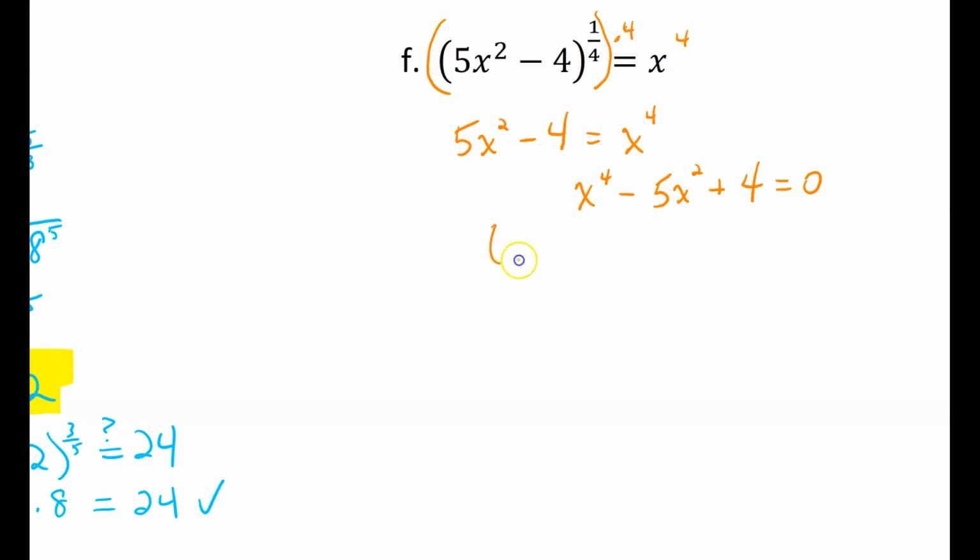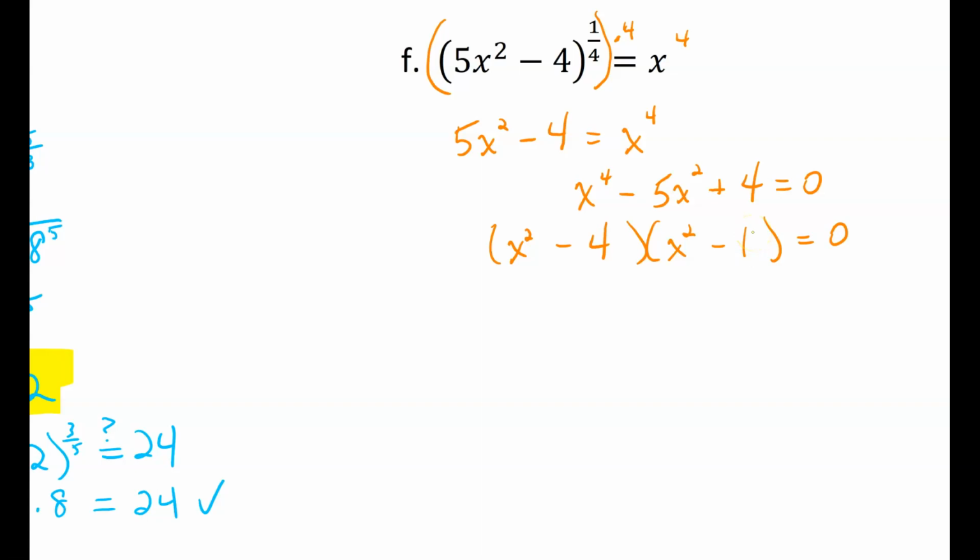And this is easily factorable into x squared and x squared. All right, so we get x squared minus 4 and x squared minus 1 equal to 0.